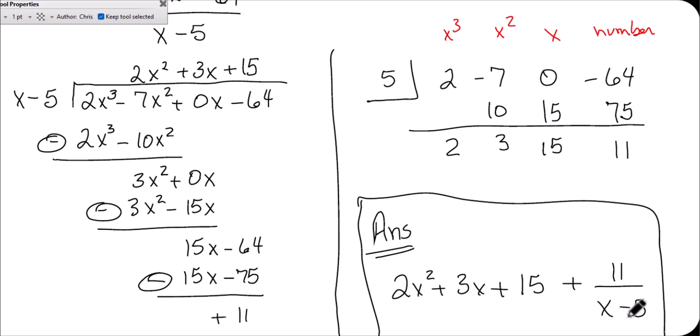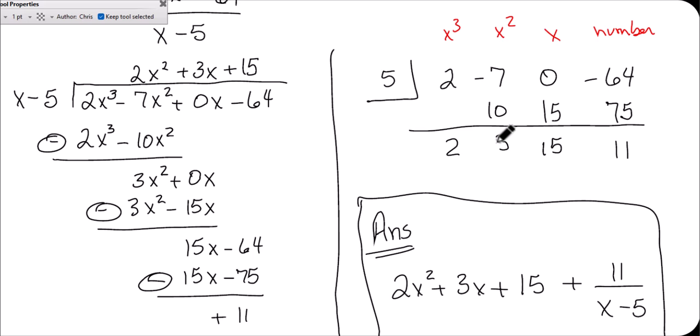If you do synthetic, the number on the outside is what makes the bottom 0. Across the top, you fill in just the coefficients. I put the particular powers above it, and so the place that was missing is a 0. The game starts, 2 comes down. 5 times 2 is 10.